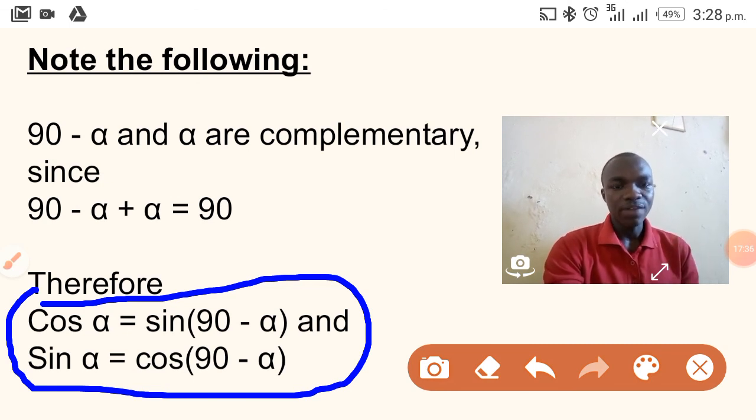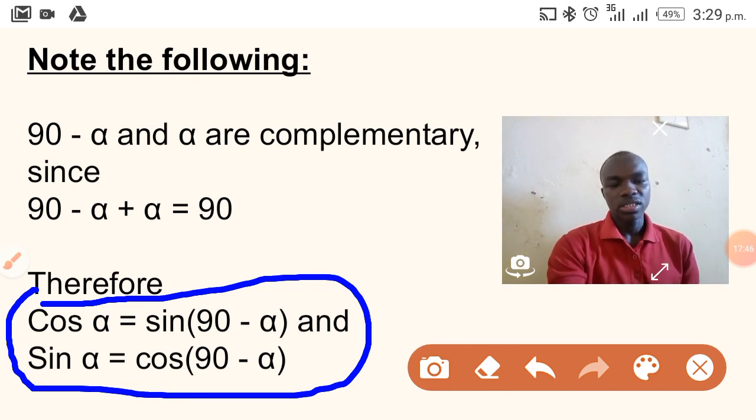Therefore, cos alpha is equal to sine of 90 minus alpha, and sine alpha is equal to cos of 90 minus alpha. Remember, we said cos is adjacent over hypotenuse, sine is opposite over hypotenuse.